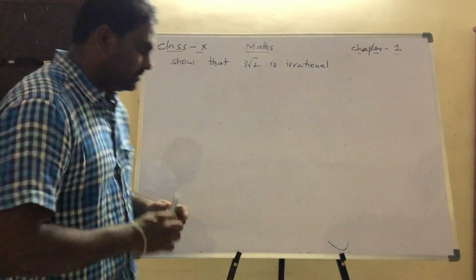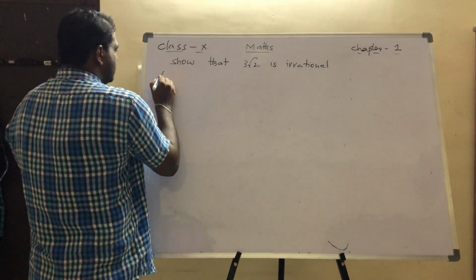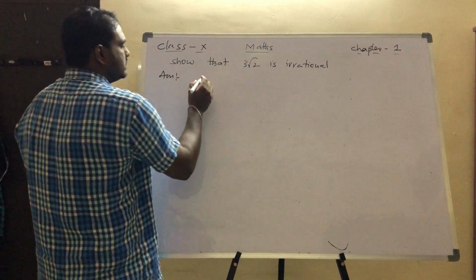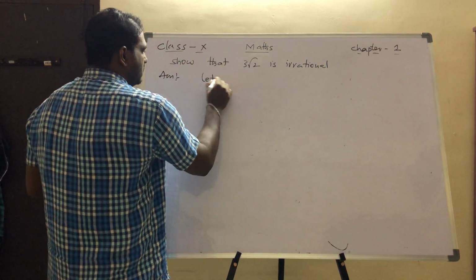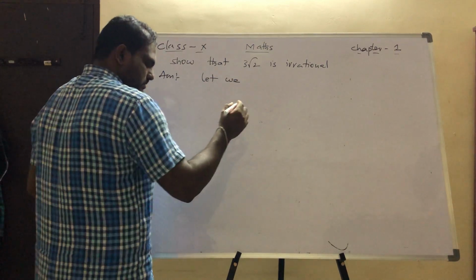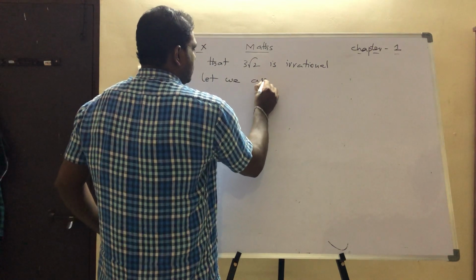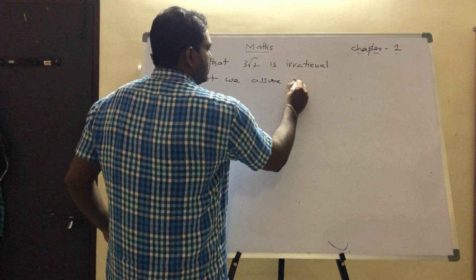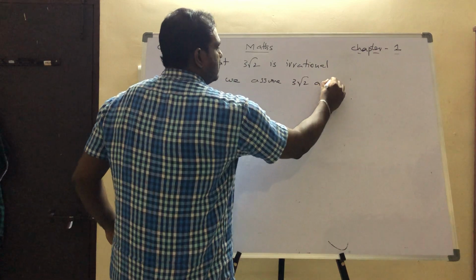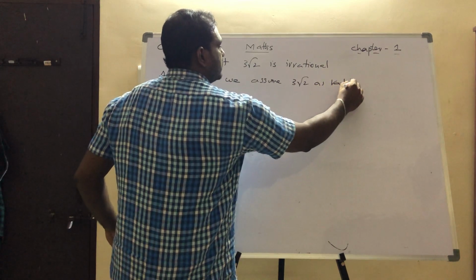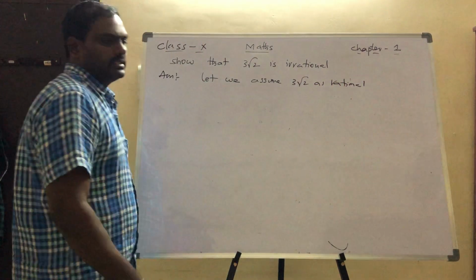Now what I will do, as usual, is assume 3 root 2 as rational. First I am assuming 3 root 2 as rational.